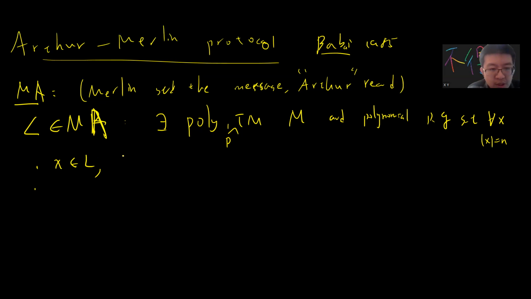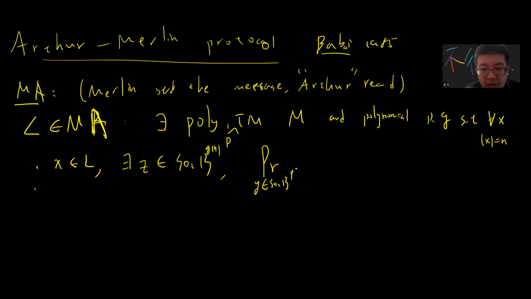So there is a Z, and these messages need to be polynomial size, so Z is in {0,1}^Q(n), and Y is the coin that Arthur can flip, so Y is in {0,1}^P(n).